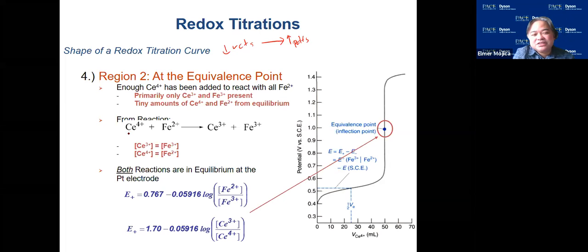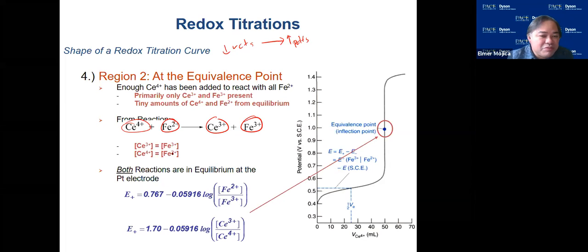But if you look at the reaction, this is the reaction that you have. So your Ce3+ is equal to your Fe3+, because those are the products. And your Ce4+ is equal to your Fe2+, because these are both the reactants.